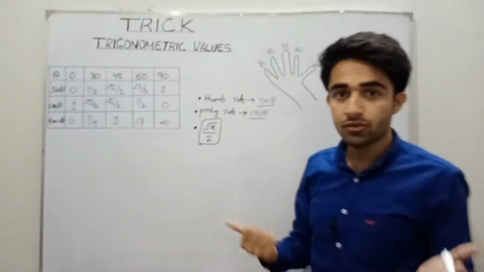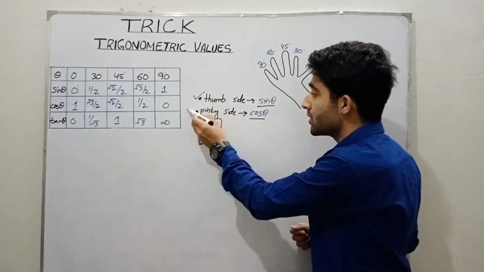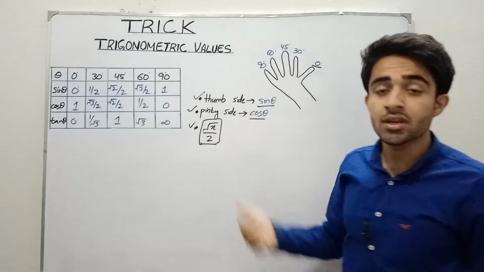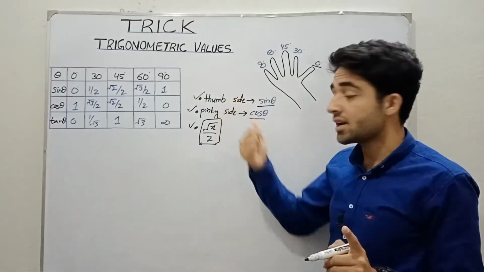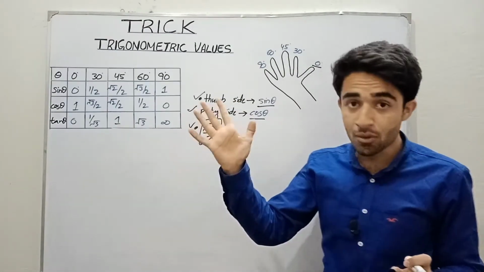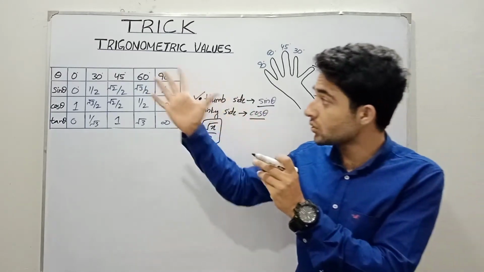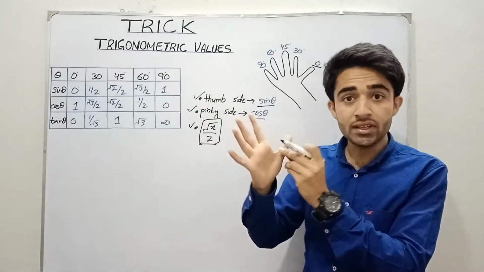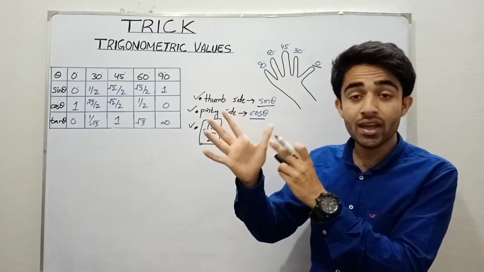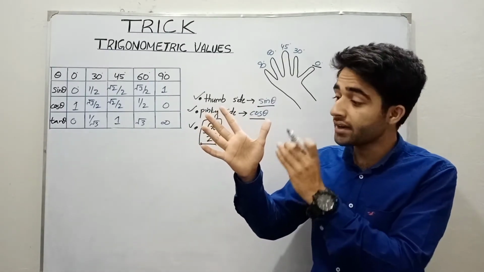How? By remembering these points, we know that the thumb side represents sine theta, and at 0 degree there is no finger behind the thumb side.